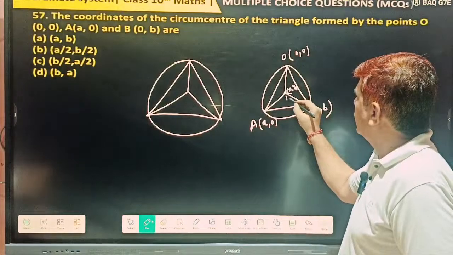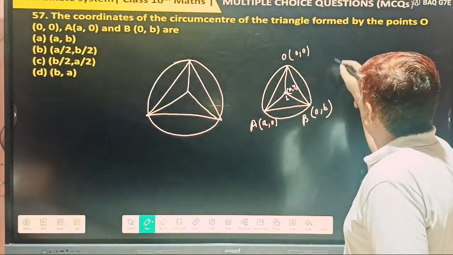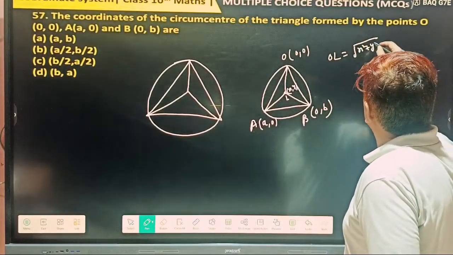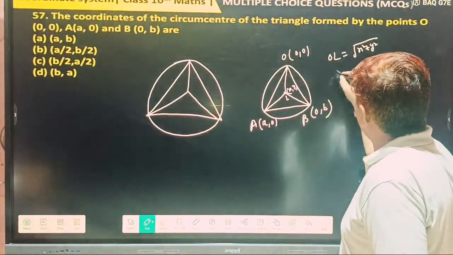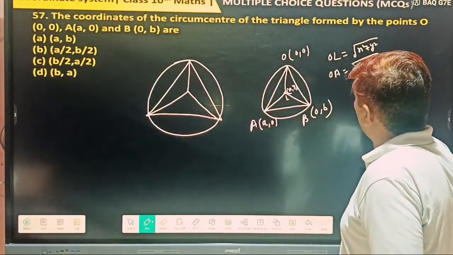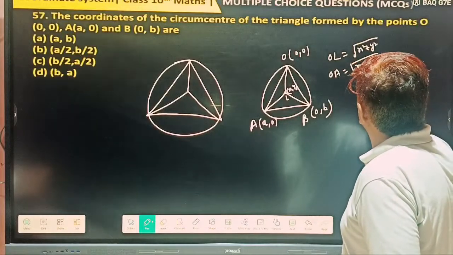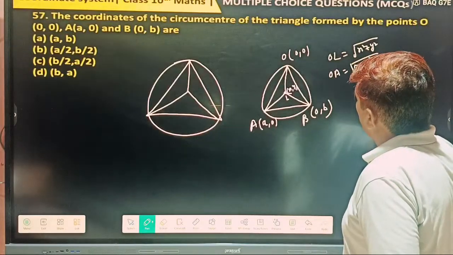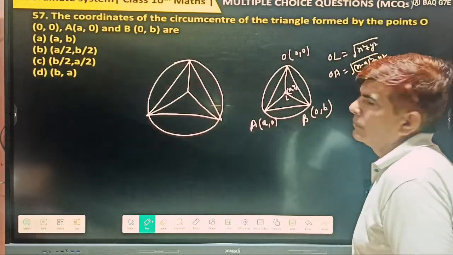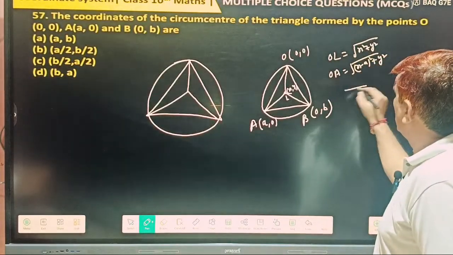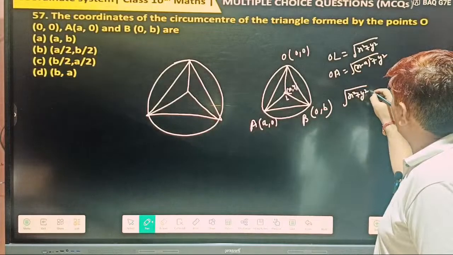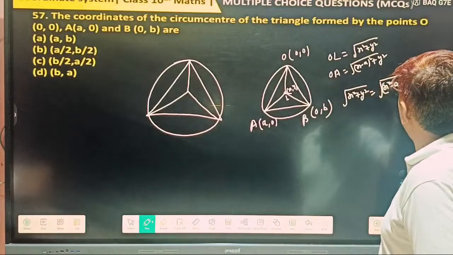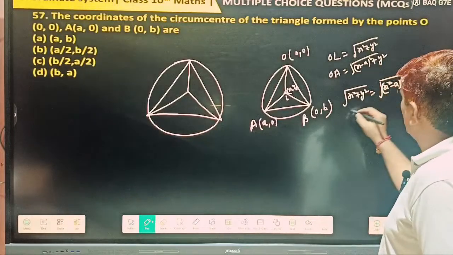We can take it as L. So OL equal to under the root X square plus Y square. And OA equal to what? X minus A whole square plus Y square. So put these both equal. So under root X square plus Y square equal to under the root X minus A whole square plus Y square.